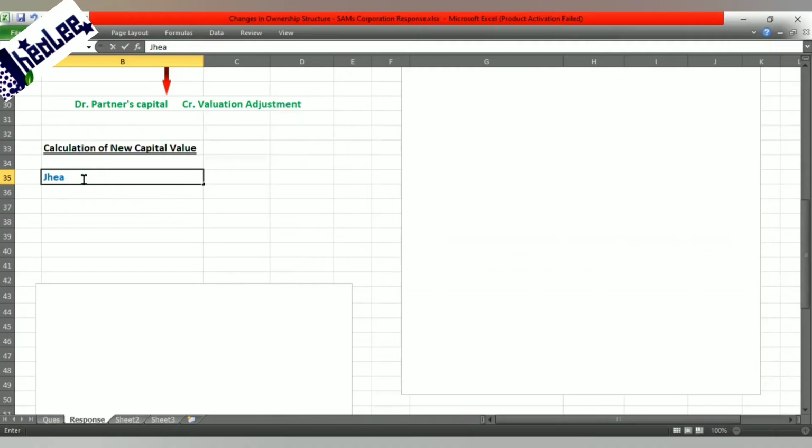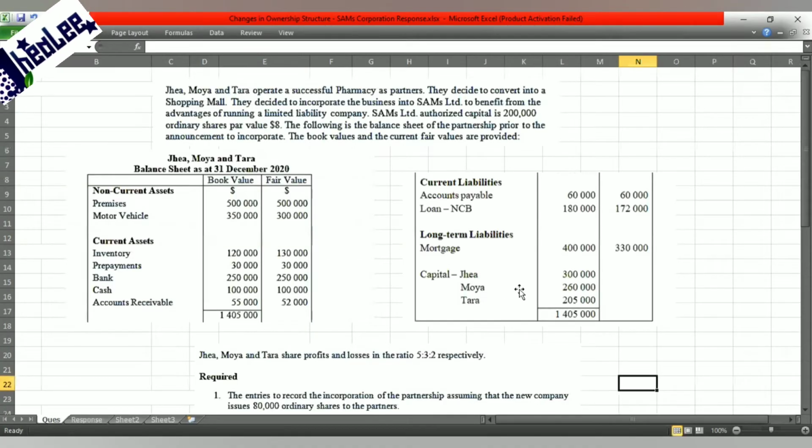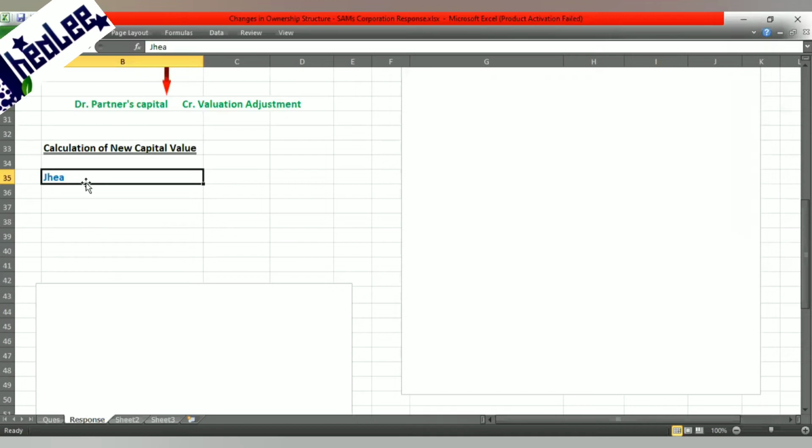This amount that you have now in the partner's capital is going to determine how many shares the partner would be able to purchase. So J, original, let's go to the question to see what was the original capital value. J's capital value was 300,000. So we're now going to calculate J's new capital. So that is 300.